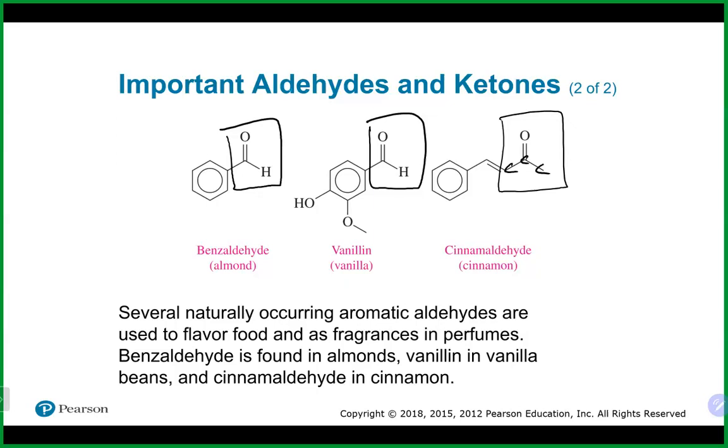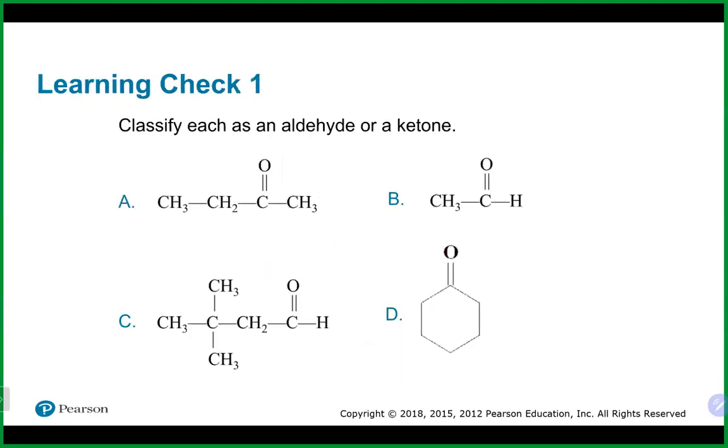As I was mentioning earlier, typically in an aromatic ring structure with benzene, you will see that aldehyde group attached off of the ring, unlike when you incorporate the ketone into the ring structure.